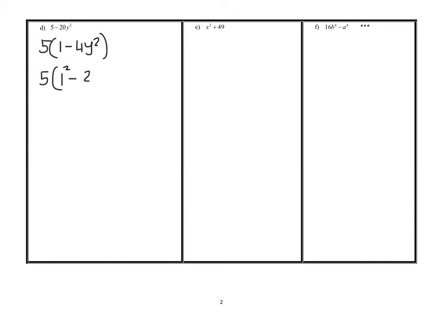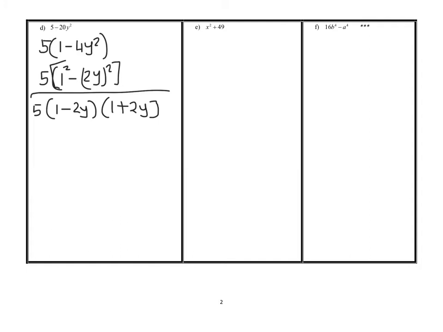See, that's a difference of two squares. Or maybe I could even write it as 2y squared. So I'm going to write 1 minus 2y and 1 plus 2y. And that's the final answer.